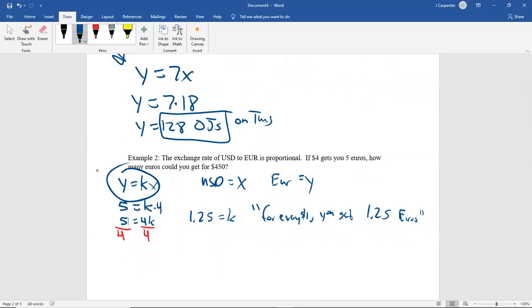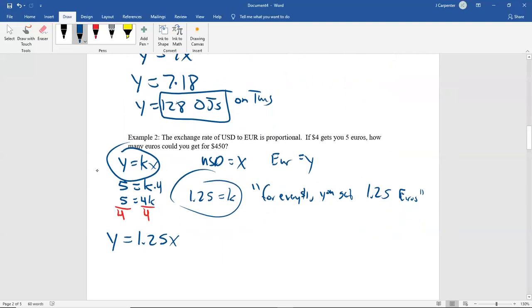But now our y equals kx, we know the k, so we can just plug that in. It's now and forever, y equals 1.25x. And then just plug in the 450, which was the dollars. So that should go here. Now, I could have asked you how many dollars you could get for, say, 1,000 euros. The 1,000 would be plugged in for the y, and you would have to divide by 1.25. So just watch out for algebra.